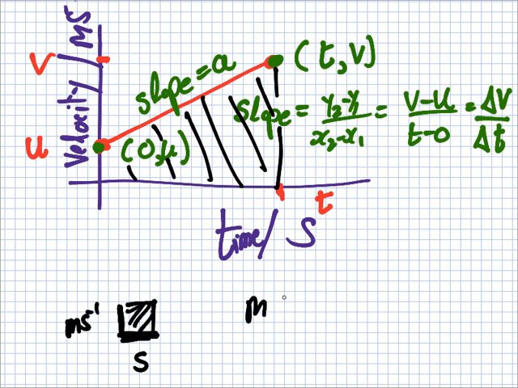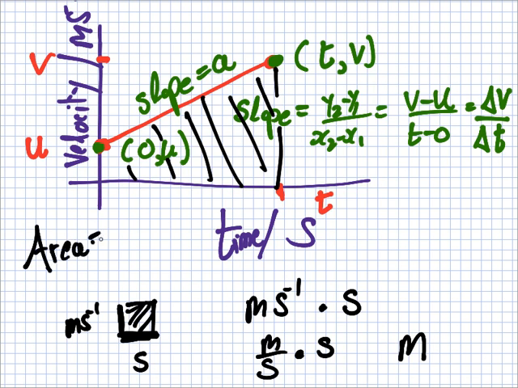Well, it'd be in meters per second multiplied by seconds. This is like m over s times s, so it would only be meters. So what does meters represent? Distance. So the area is equal to the s.